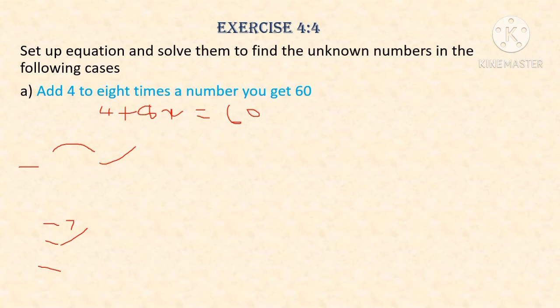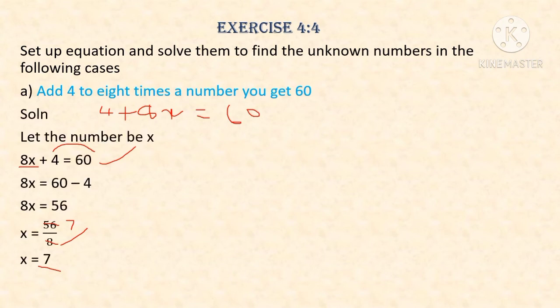Okay, look at here. Let the number be x. So we are taking that unknown number as x. You can take any variable. So here I have taken x. So 8 times a number means 8 into that number. We don't know that number, but we are taking that number as x. So we will be writing 8x. Add 4 means plus 4 equal to 60.